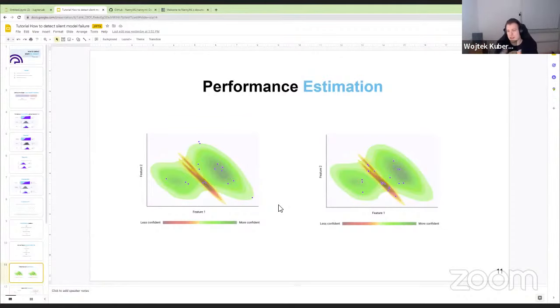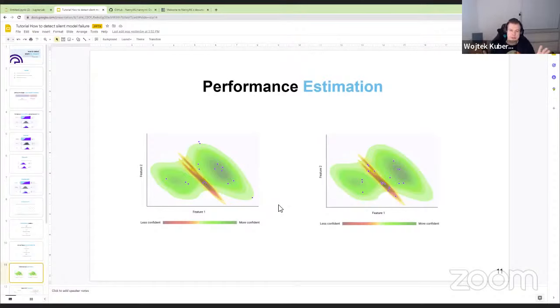So there's data drift towards the regions that are less confident. Then we can reasonably assume that since the model is less confident, these regions are actually harder to predict. So we will see that the performance of the model has decreased. And now, how can we potentially quantify this? So the first step would be to figure out whether the model is correct or not with its confidence estimations.